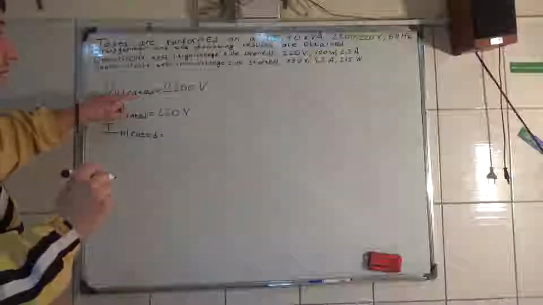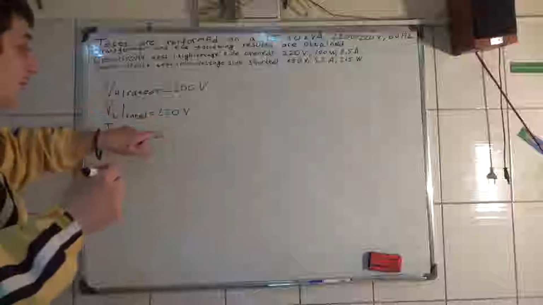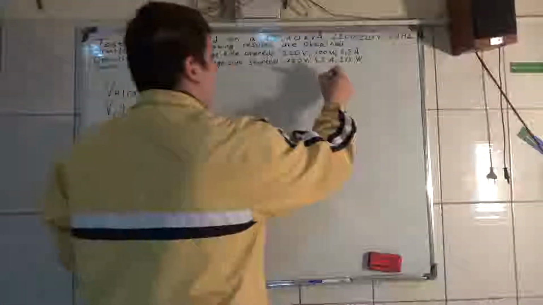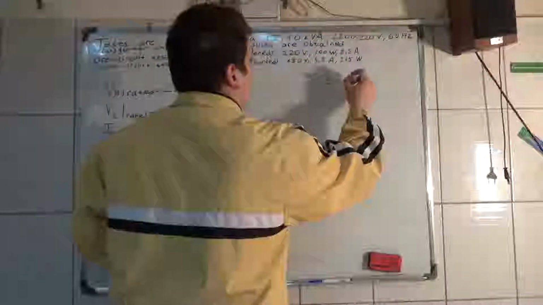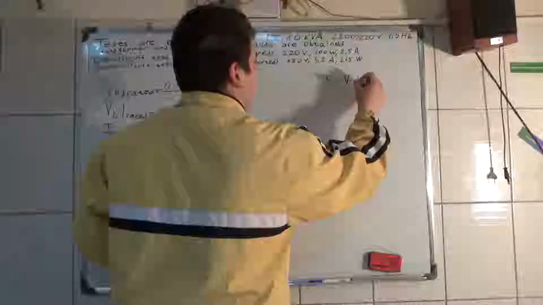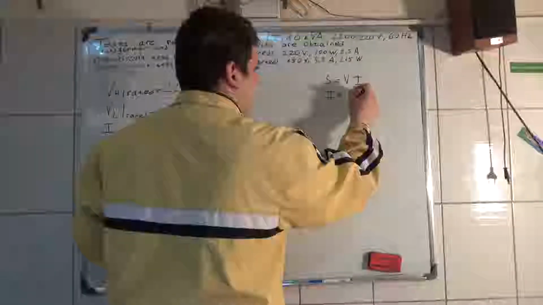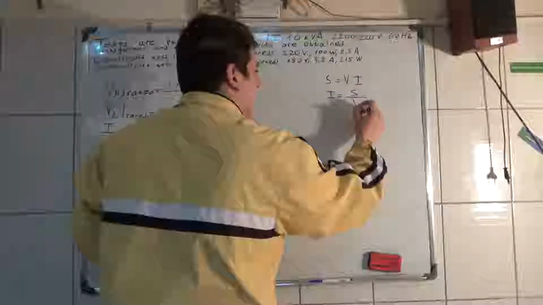So what is the rated current on the high voltage side? Well, you know that the apparent power is equal to the voltage times the current, so the current is equal to the apparent power divided by the voltage.